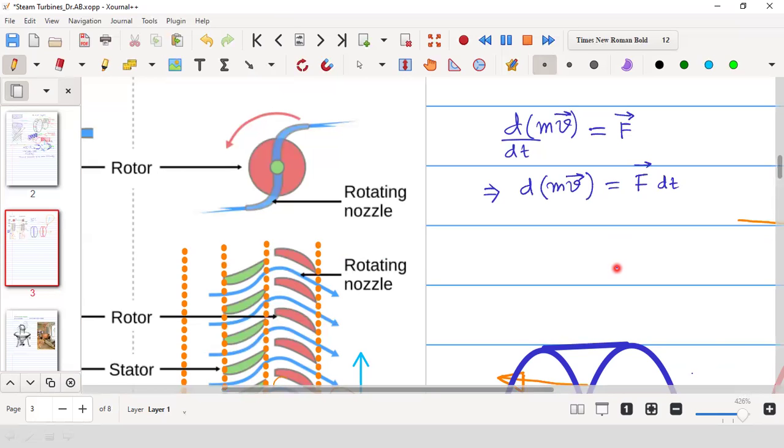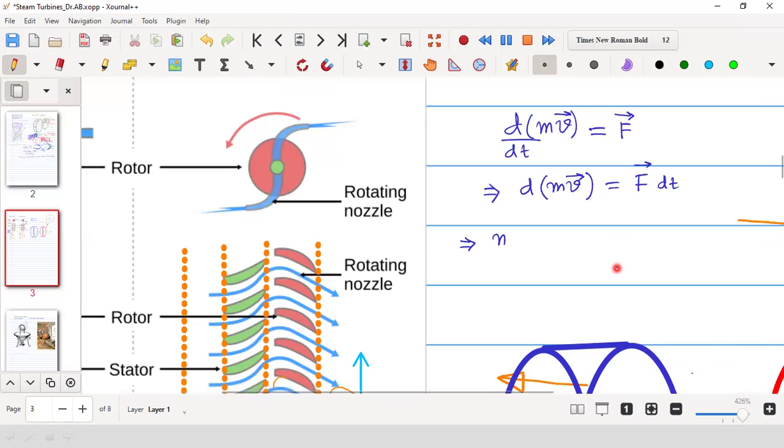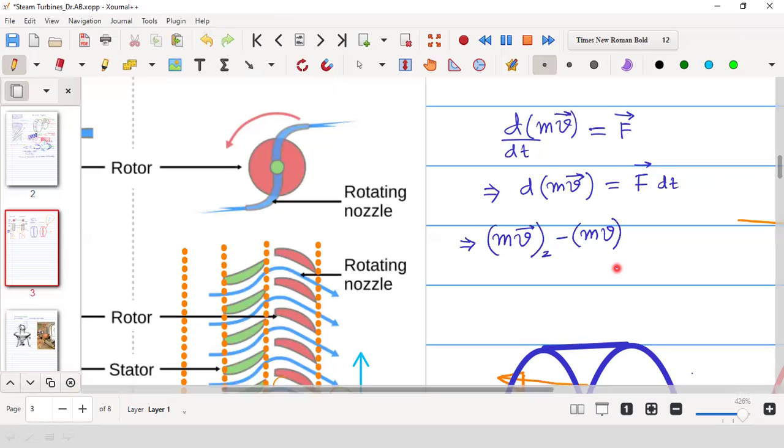and if I integrate this over some time, it will give us on the left hand side the change in momentum, that is mv2 minus mv1. mv2 means the momentum at time instant 2, and mv1 means the momentum at time instant 1.